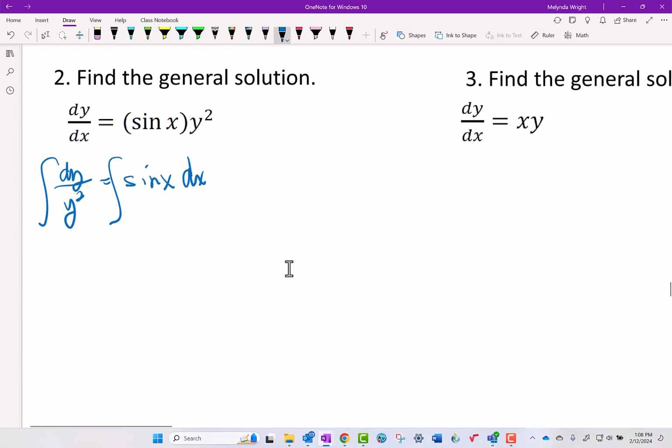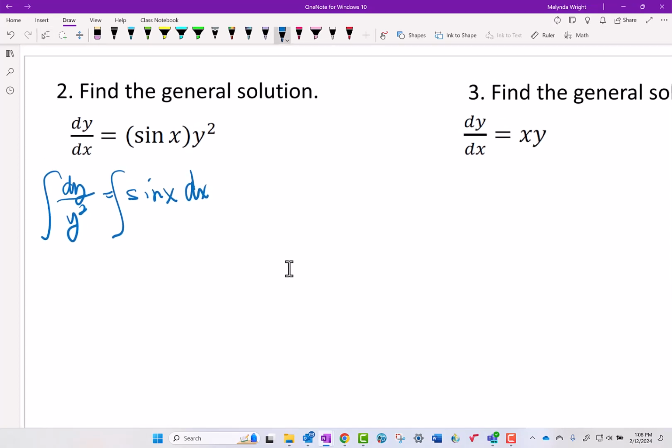So I'm going to just put this up here. This is just some scratch work so I can think. So I basically have y to the negative 2, right? I'm just going to do my antiderivative over here just to kind of think through it. So I would add 1 to the negative 2. See, negative 2 plus 1 gives me a negative 1. And then I would divide by negative 1, which is the same thing as multiplying by negative 1.